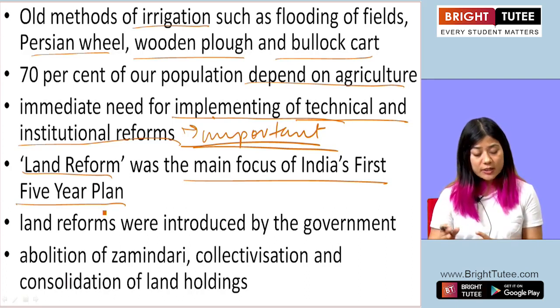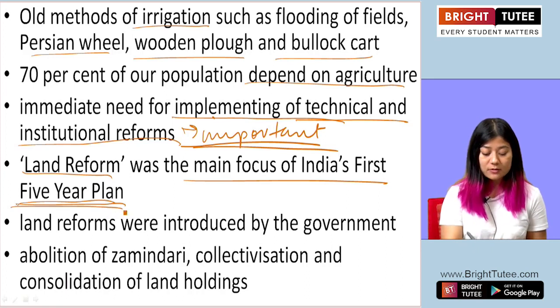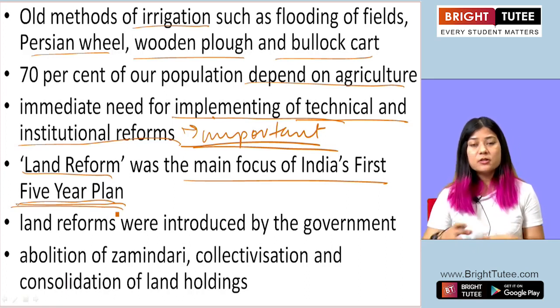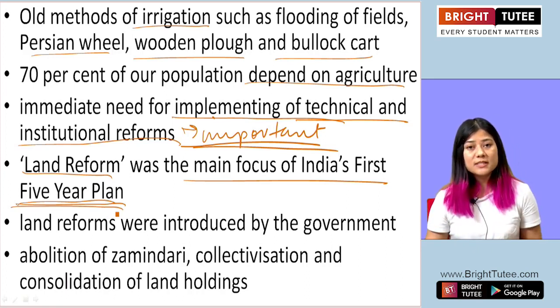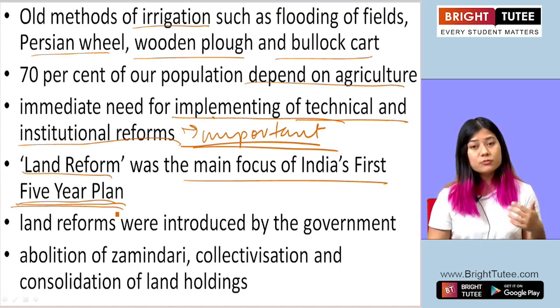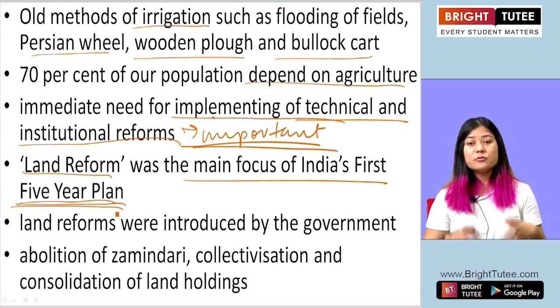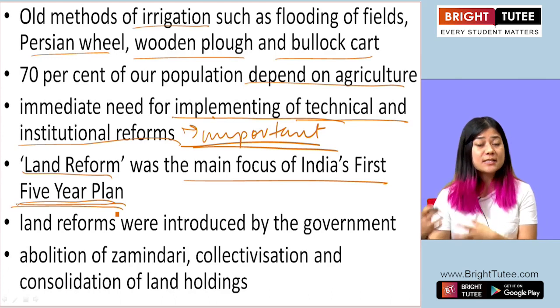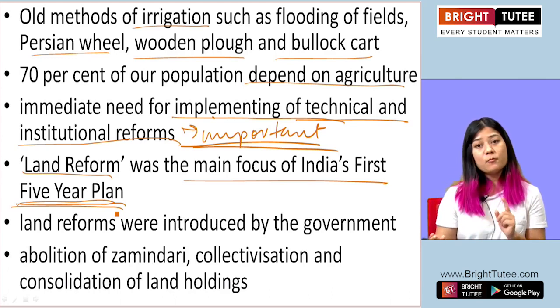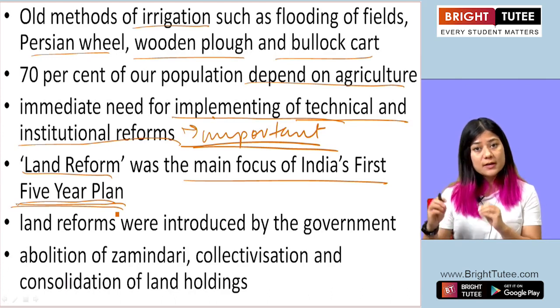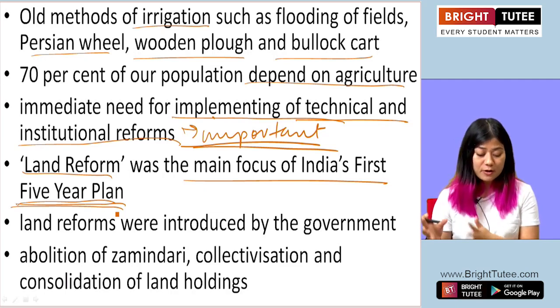That initiative was called the 5-year plan. It included a lot of schemes, policies and programs which would lead the country towards its development. Land reform was one part of that 5-year plan.